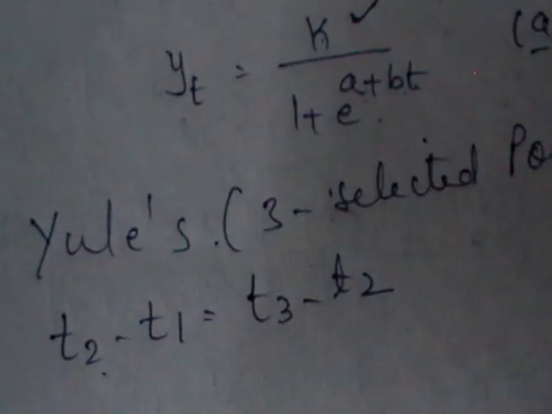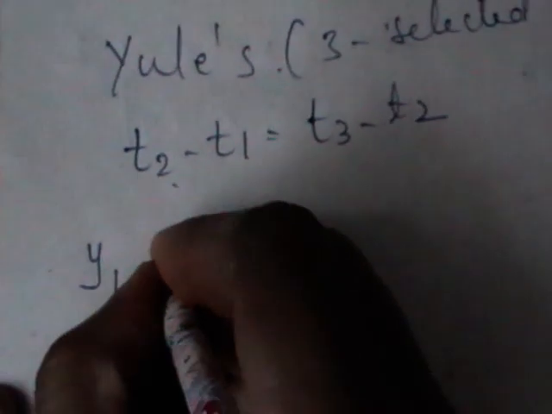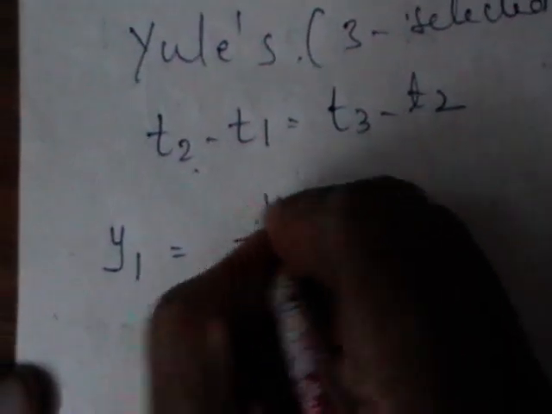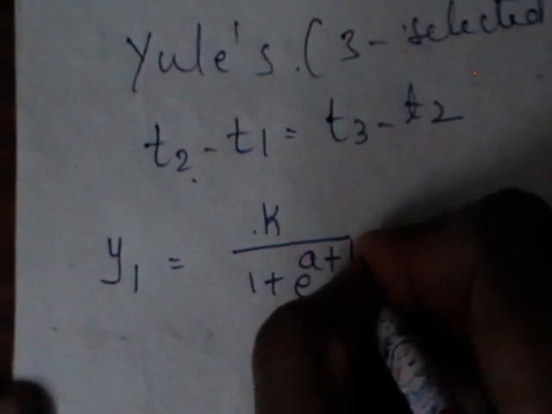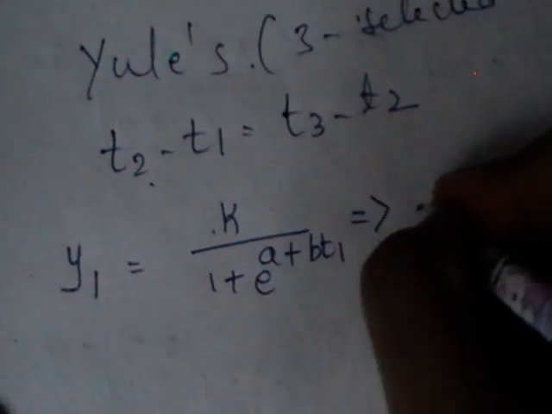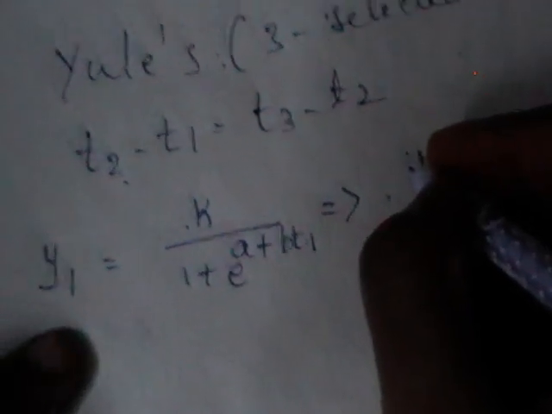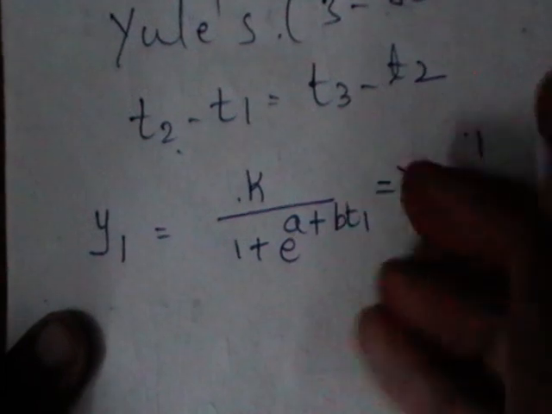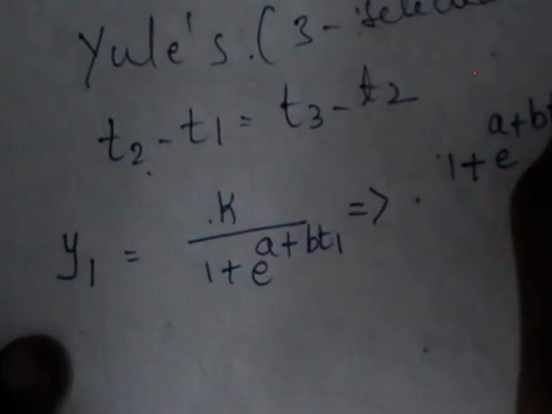So under three selected points, write down y1 first. What is y1? y1 is k by 1 plus e power a plus b t1. From this I want to shift this to the LHS, and I want to write k by y1 here. So this can be written as 1 plus e power a plus b t1.